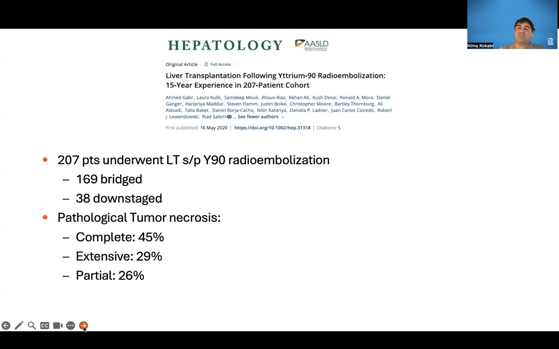They looked at the percentage of pathologic necrosis within the treated tumors, and they showed variation, from about 45% or 50% of patients having complete pathologic necrosis to others having extensive or partial necrosis.